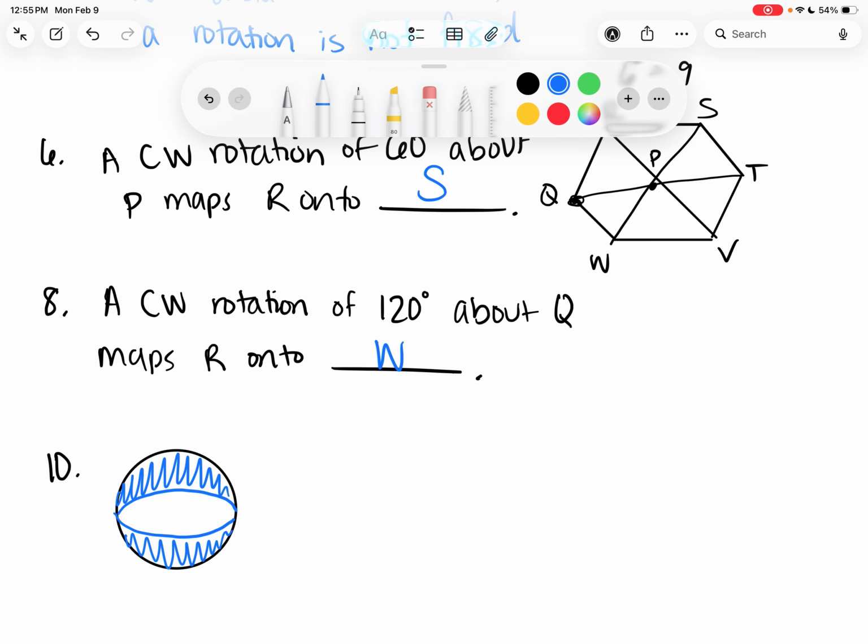So does this have rotational symmetry? And if so, what kind of rotation does it have? About like what? Yes. If 180. Yep. Rotation of 180 degrees. Which way?